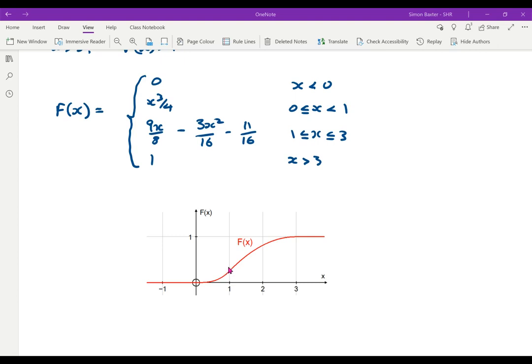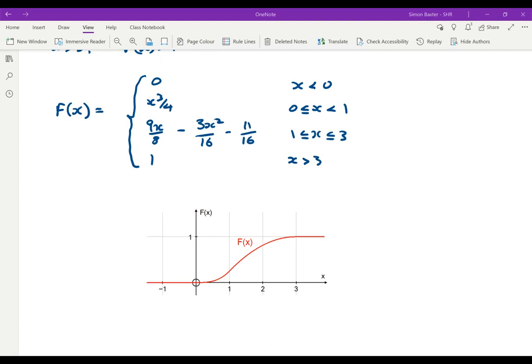That is going to be something that we're going to come back to in the next example. Each time we get to the end of an interval, at the top here, when x is 3, this function has got to 1, this one starts at 1. At this point, this function, x cubed over 4, has become a quarter. This one, if you put x equal to 1 in, you would discover starts at a quarter.